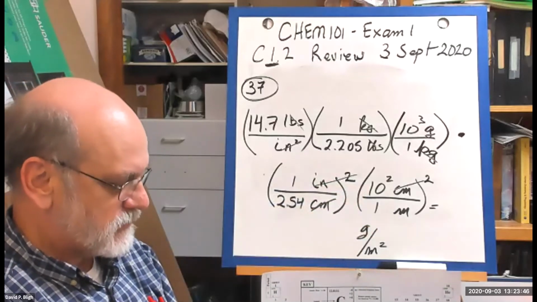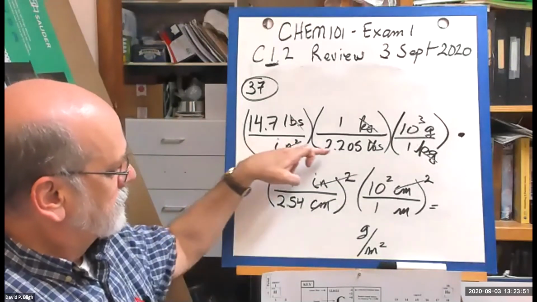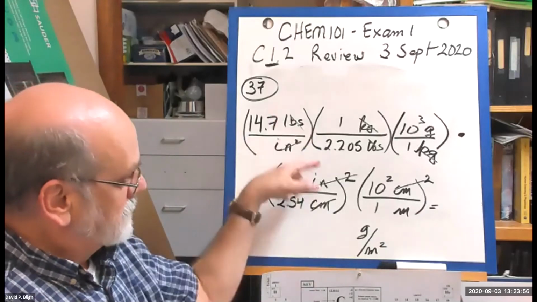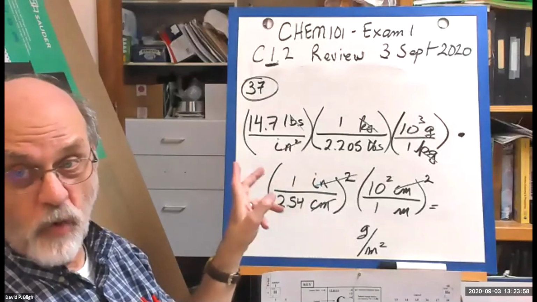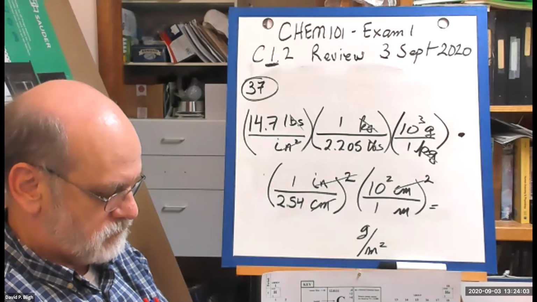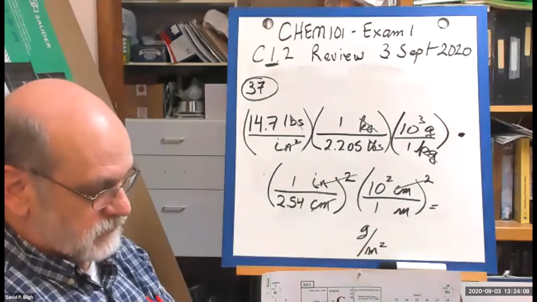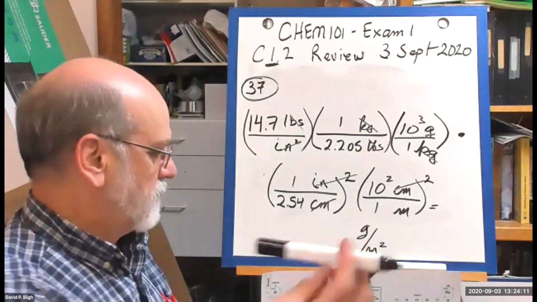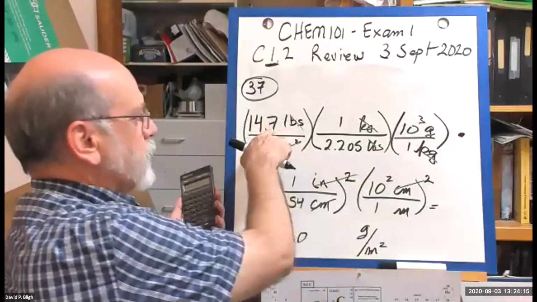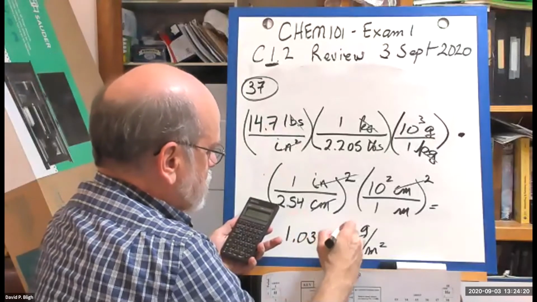So that's 10,000 times. Now come down to the denominator, 2.205, divided into that, and 2.54 squared, divided into that. That's it. So that should be 1.0, 3 significant figures, times 10 to the 7th.